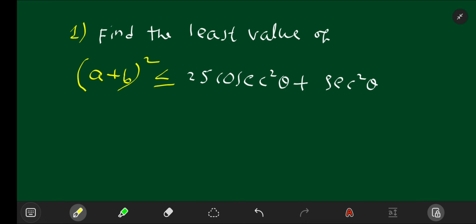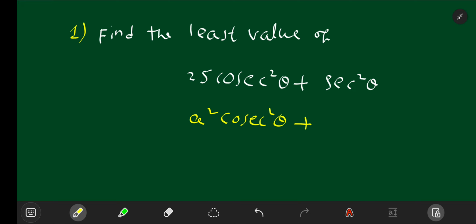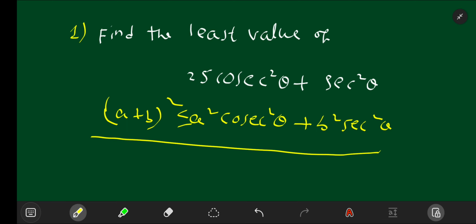But when the equation is in the form of, okay, I will write like this so that we will get clarity. The formula is like this: a square cosec square theta plus b square sec square theta. Its minimum value is a plus b whole square. This is the formula. I have said at the starting of this class only. This is the formula. Okay.